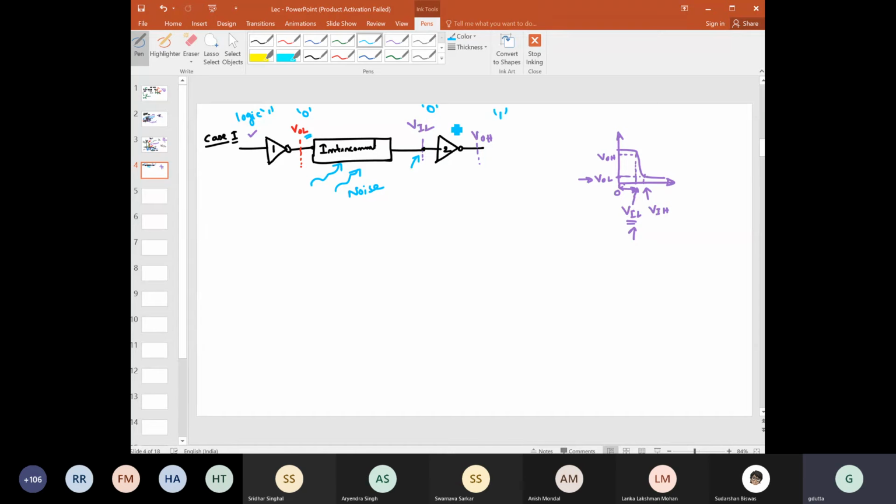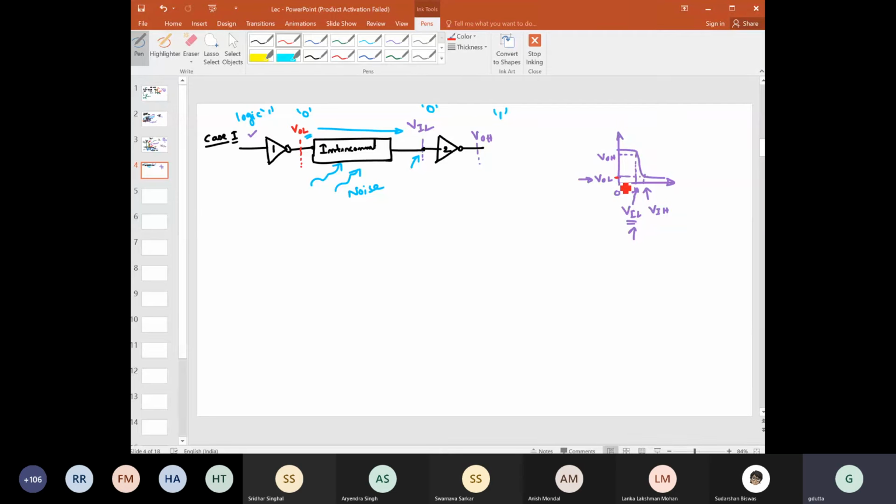So what we are then saying is that this VOL value can go at most to this VIL, and that means the maximum amount of noise that can be introduced in this interconnect, without affecting the output of the second inverter, is this minus this. If you want to see it graphically, follow this point.